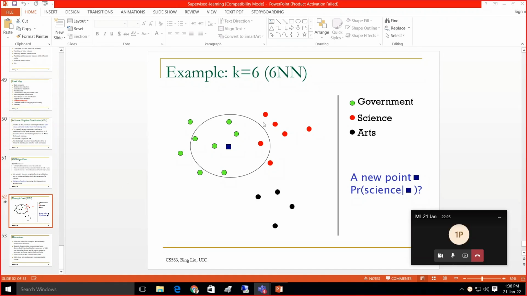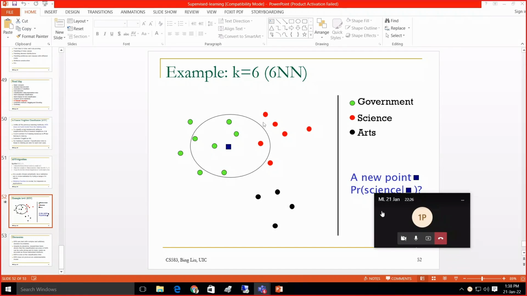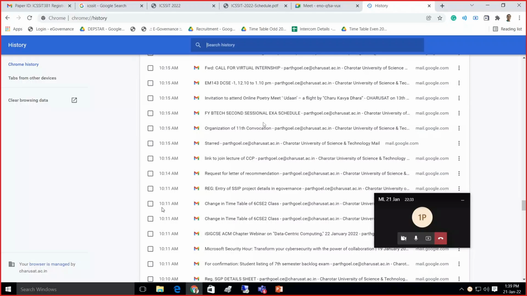So here you have this KNN algorithm. Let me show the example.